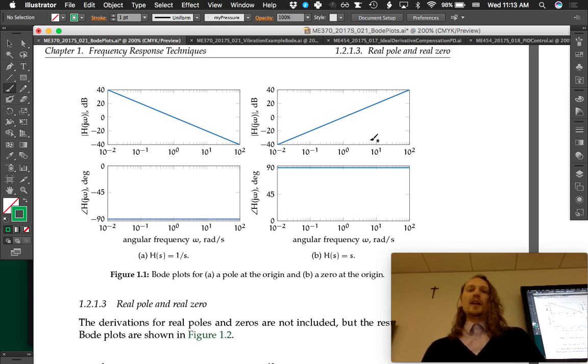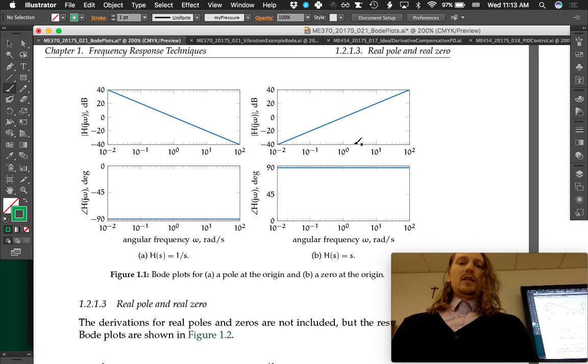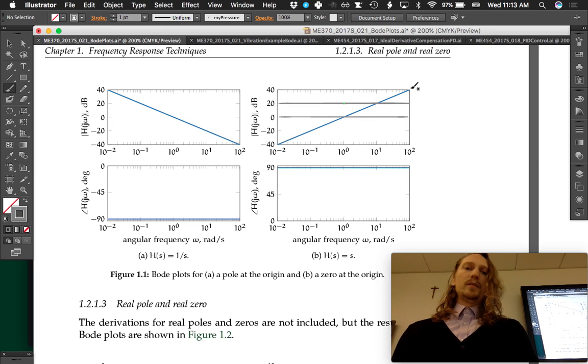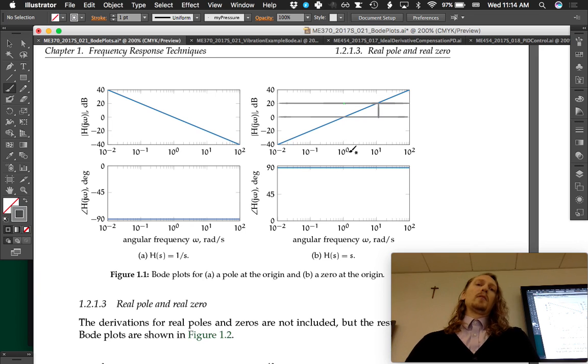And it has a slope associated with it. So let's draw across here 0 dB and then 20 dB. Notice that it increased by 20 dB in this interval from 10 to the 0 to 10 to the 1, which is a factor of 10, right? So from 1 to 10. And it continues to increase at that rate.